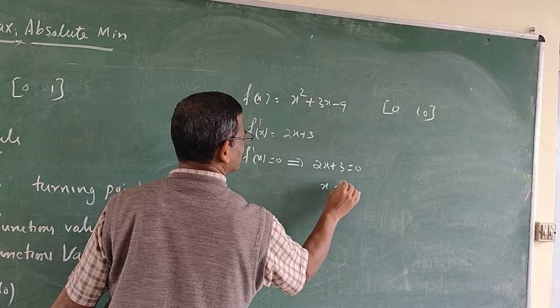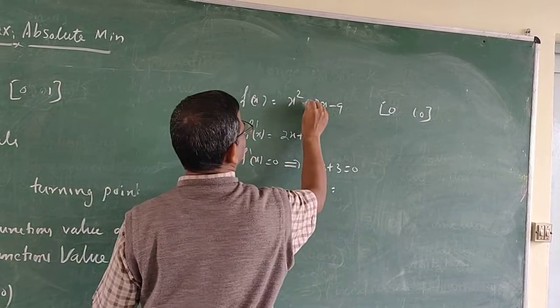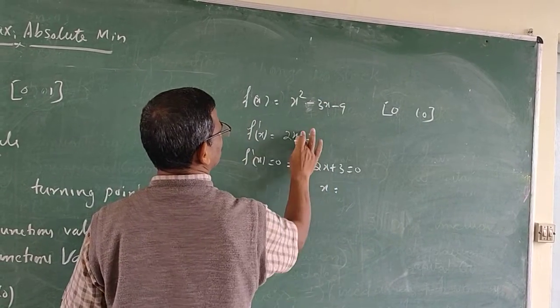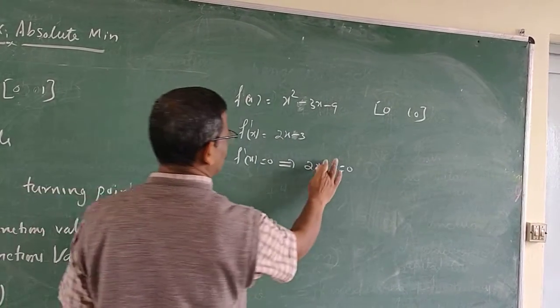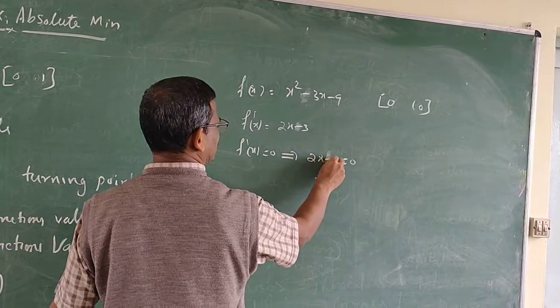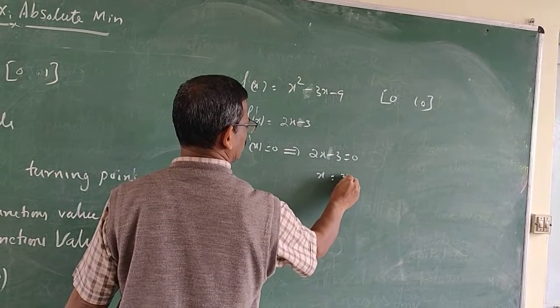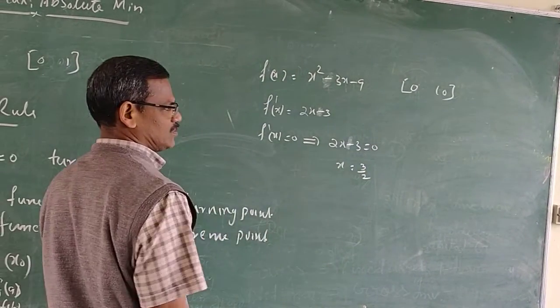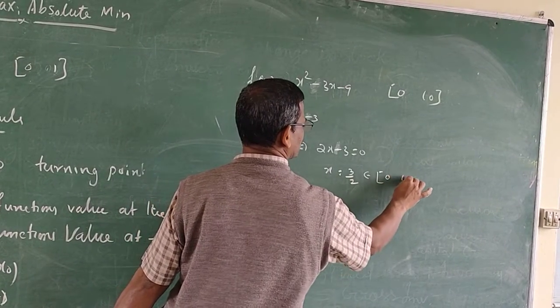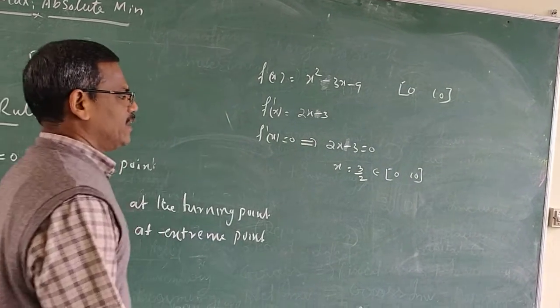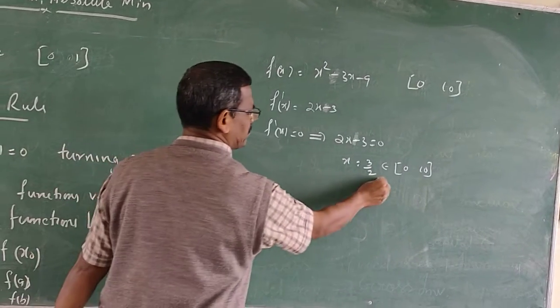So you have x is equal to, let me change it because I have taken a simple example, so 2x minus 3 is equal to 0. So x is equal to 3 by 2. And you can see that this 3 by 2 belongs to the interval 0 to 10. Okay. So the turning point is 3 by 2.